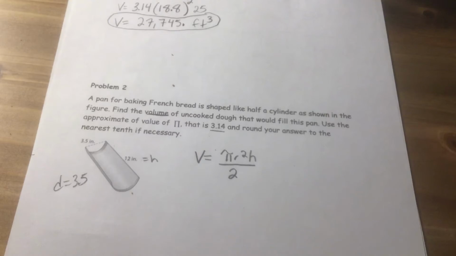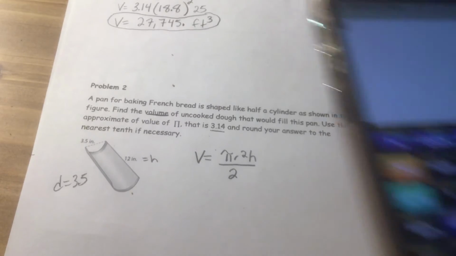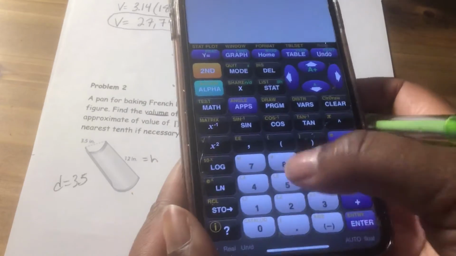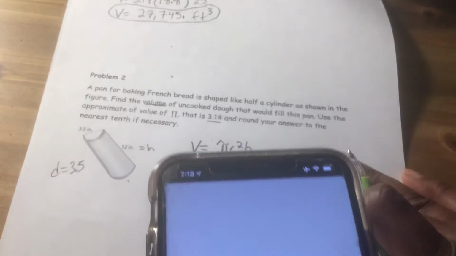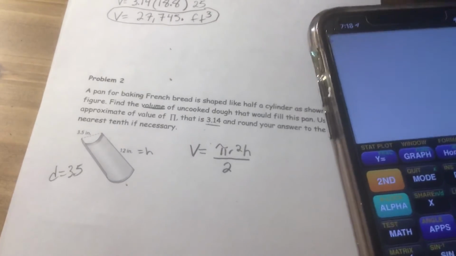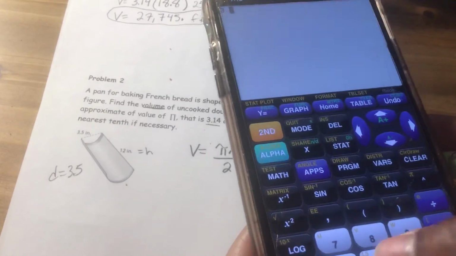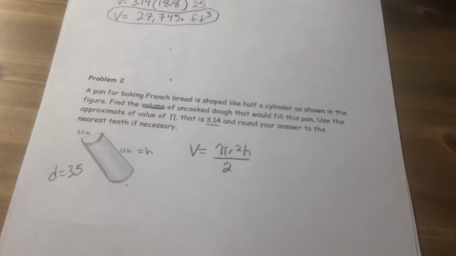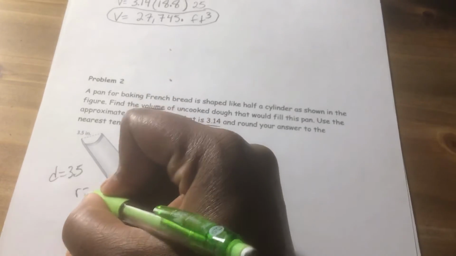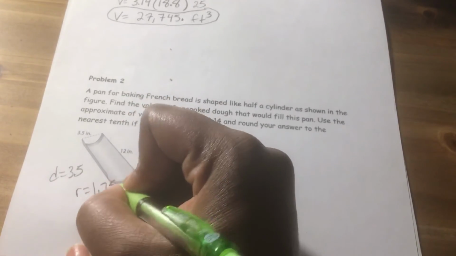So in order to figure out the radius, you're going to take 3.5 and divide it by 2. That's going to give you 1.75. So our radius is equal to 1.75.